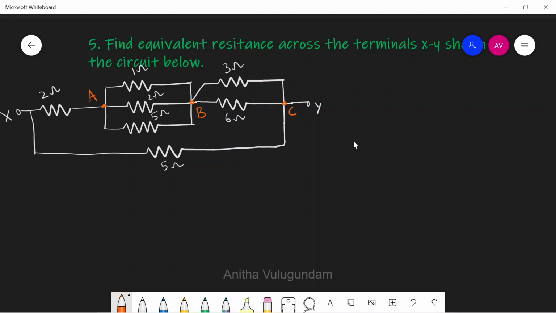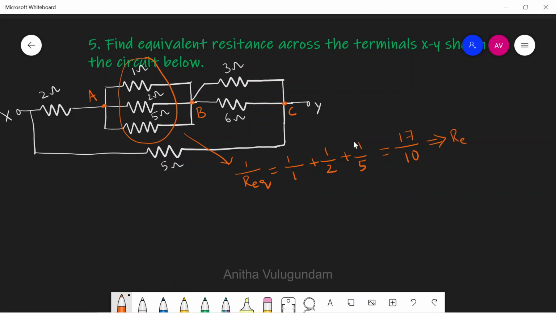Okay. Here these three resistances are in parallel. I can write 1 by R equivalent equals 1 by 1 plus 1 by 2 plus 1 by 5, which is equal to 17 by 10.